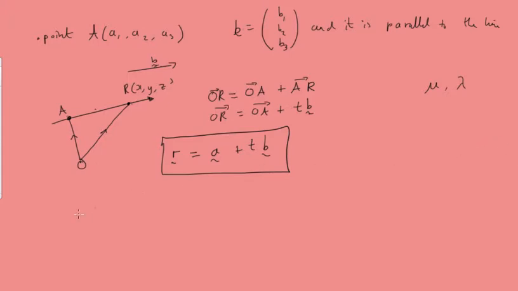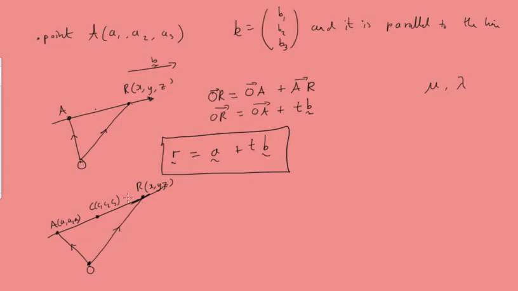Now we can have another situation where we have a straight line and we have point A, which is A1, A2, A3, and we can have point C, C1, C2, C3, and again we have our point R, x, y, z. Down here is our origin, and here is our vector r.